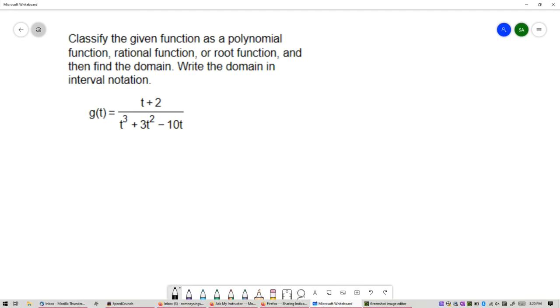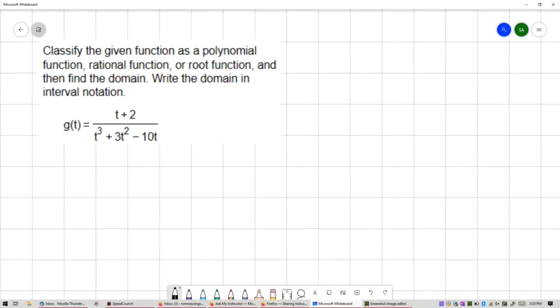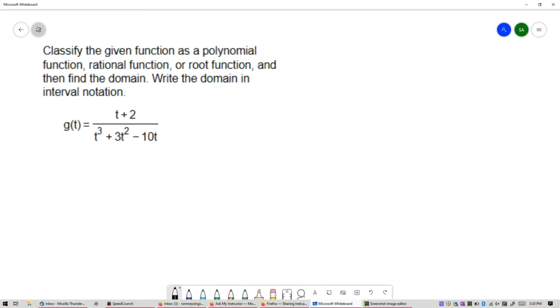And I didn't pull up the formal definitions for these three, but we'll do a very quick statement of what you can look out for. For the rational functions, you're looking for a variable in the denominator. For the root functions, you're looking for a variable to be underneath a radical.